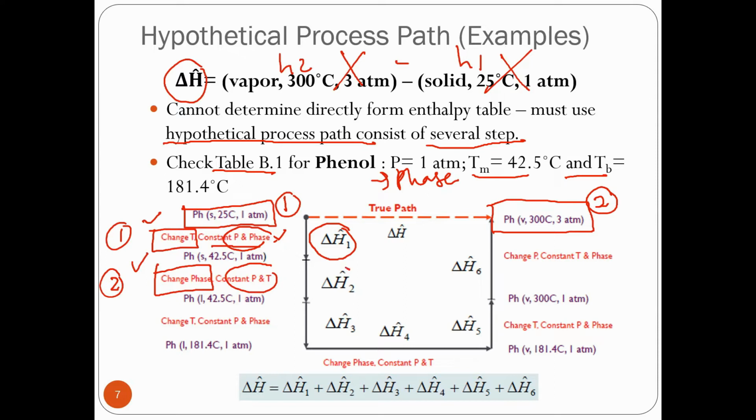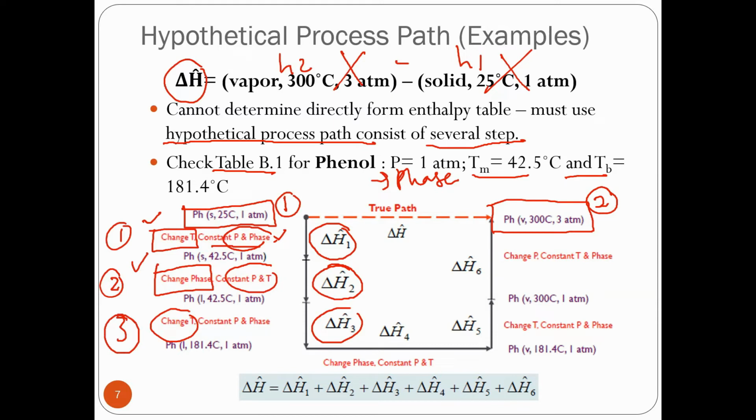So you're going to have a change of enthalpy at this stage, and then at this stage you have a change of temperature, where you need to achieve the boiling point at 181. So this is point 3.